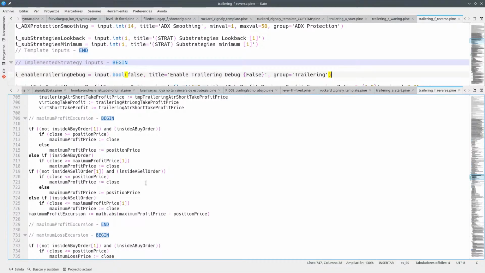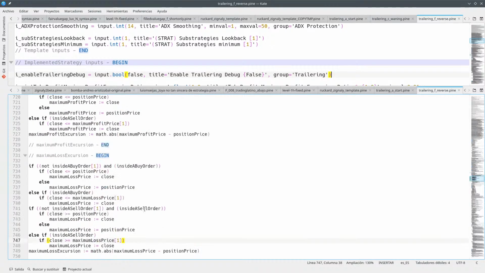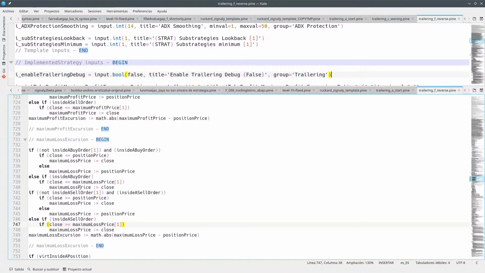Okay, so let's take a look to see what we have here, which is, are we inside an order or not? And the same thing happens here.